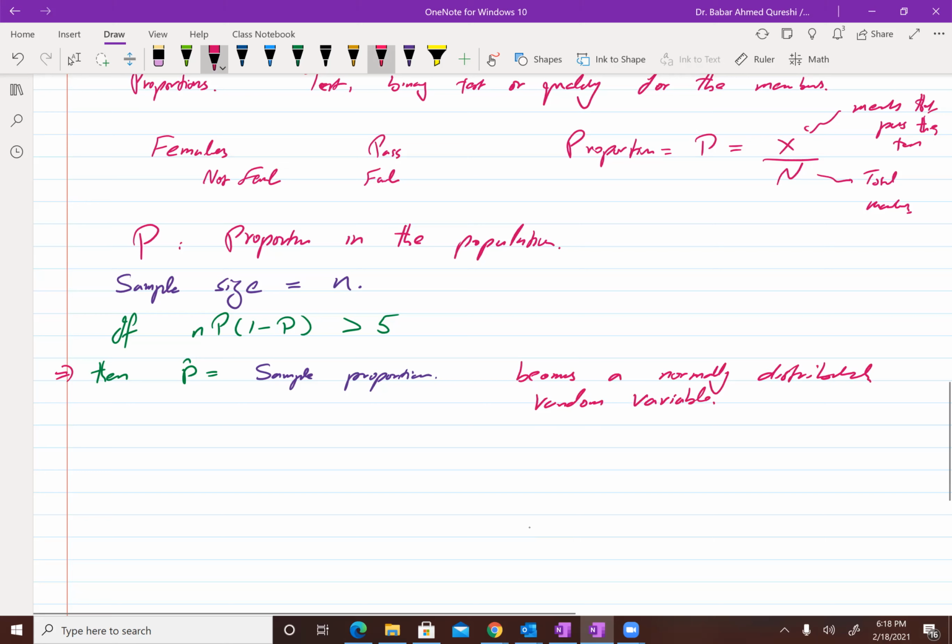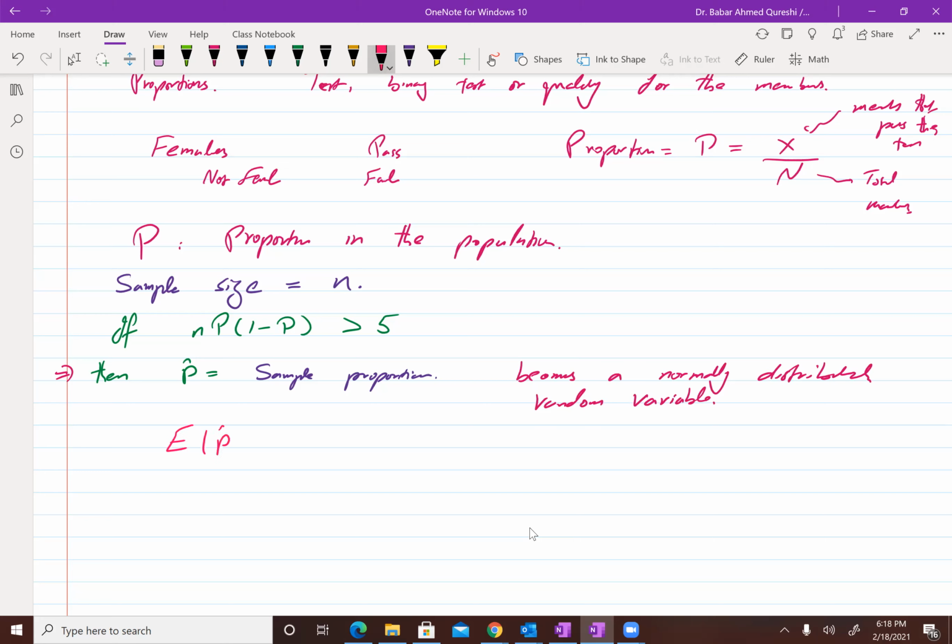And you can also talk about the mean of the sample proportion. It's a probability distribution. You can compute its probabilistic mean. That is actually equal to the population proportion. So it's this kind of statistic that becomes random, but the averages are equal to the population averages. You call them unbiased.